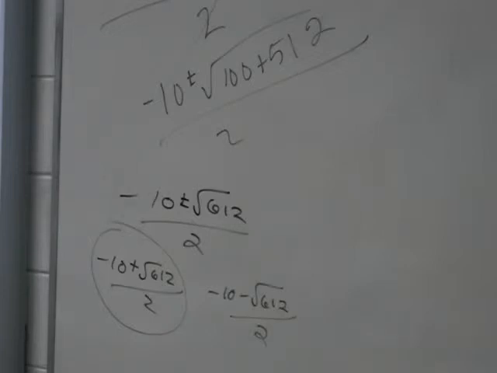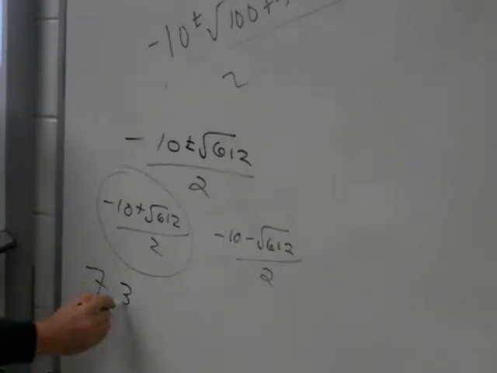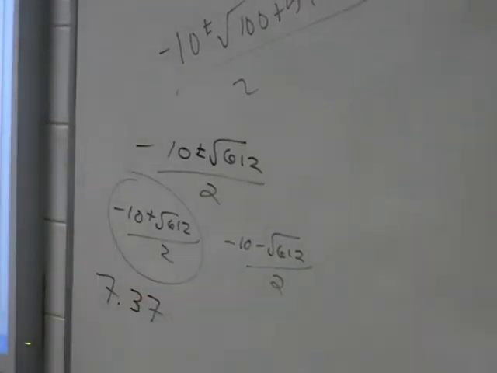Negative 10 plus the square root of 612 equals, divided by 2 equals 7.37. Now that's rounded like money, which is not an exact answer, but you get the idea.